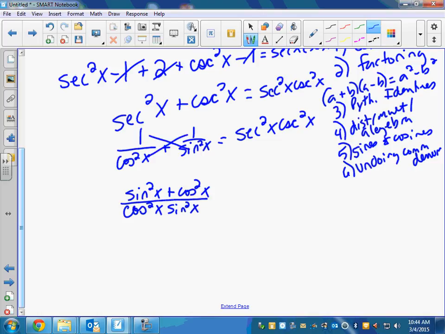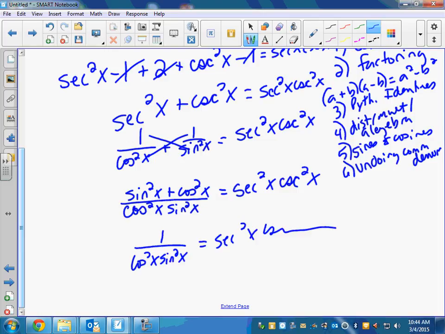So that would go over there and that would go over there. And I would get 1 over cosine squared x sine squared x equals secant squared x cosecant squared x. That's ridiculous. Finally, right?